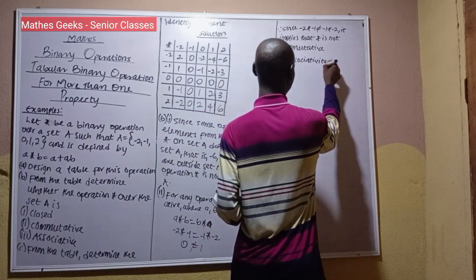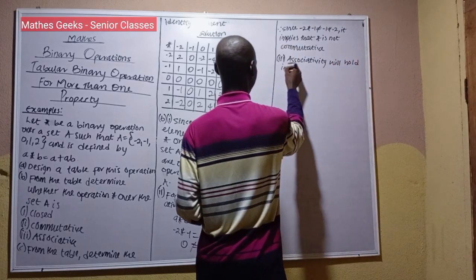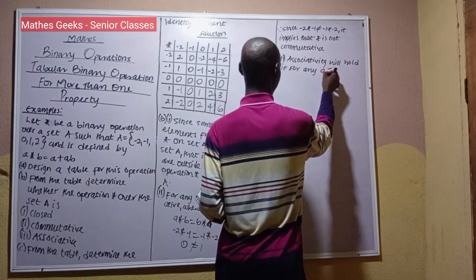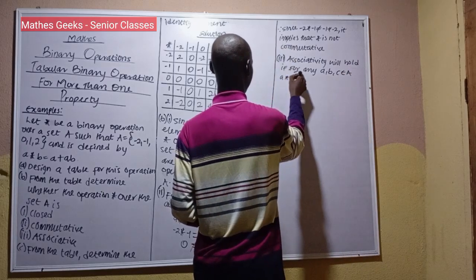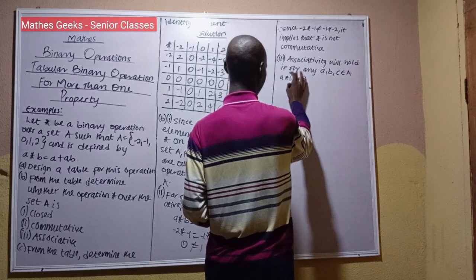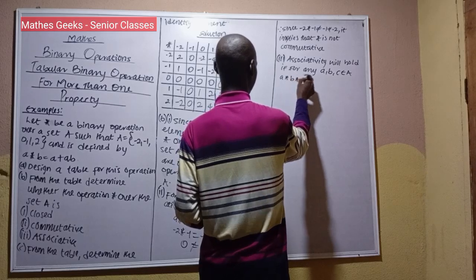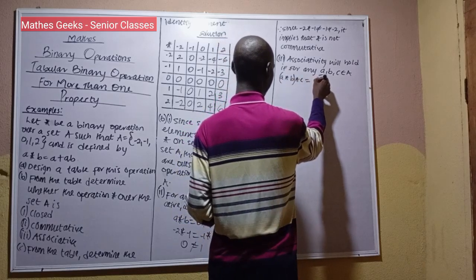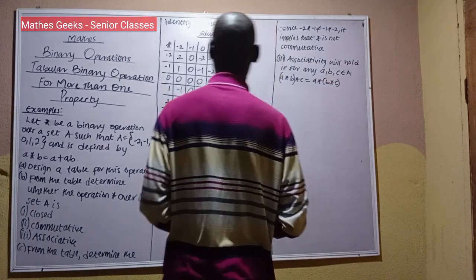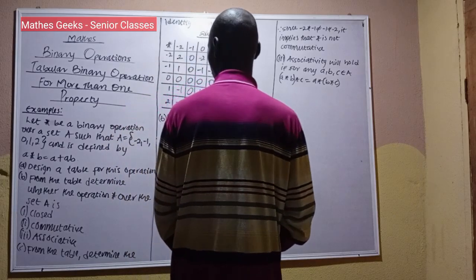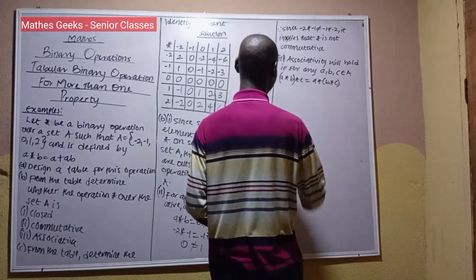Associativity will hold if for A, B, and C in the set, A star (B star C) is equal to (A star B) star C. So now let's prove if the associative property holds, if the binary operation star is associative on the set A. So let's pick numbers.